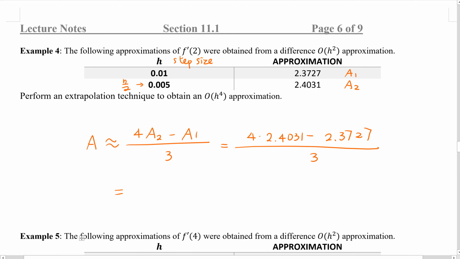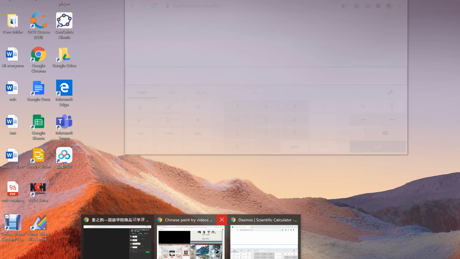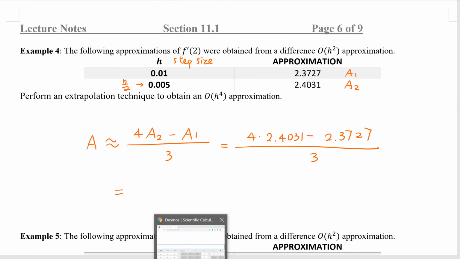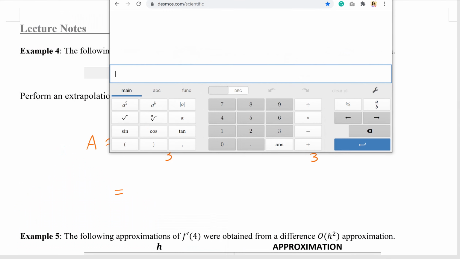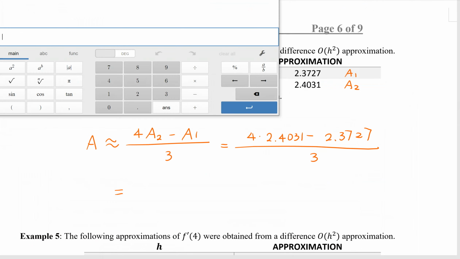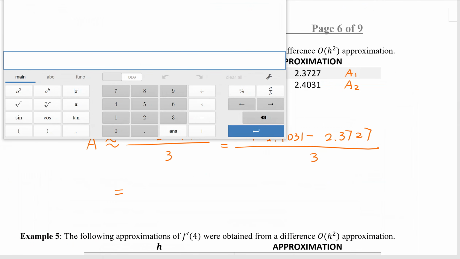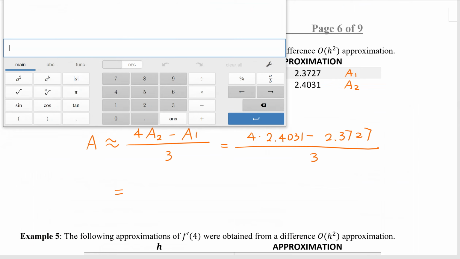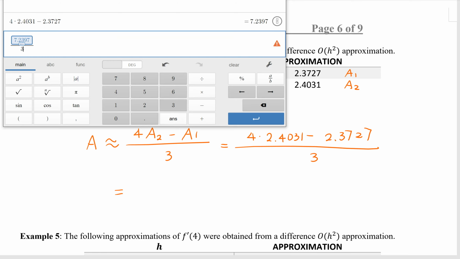And let's see what this number is. Let me get the calculator. 4 times 2.4031, and then minus 2.3727, and that answer divided by 3.